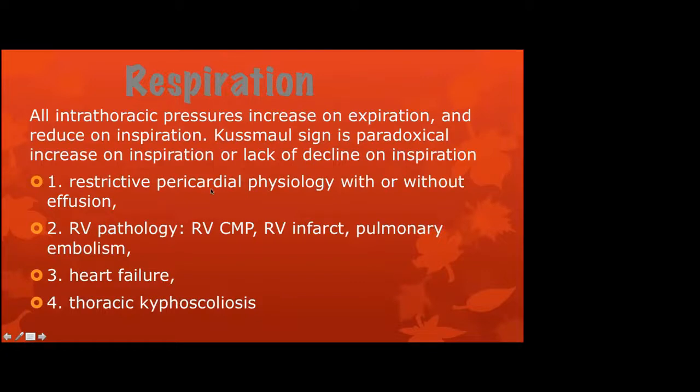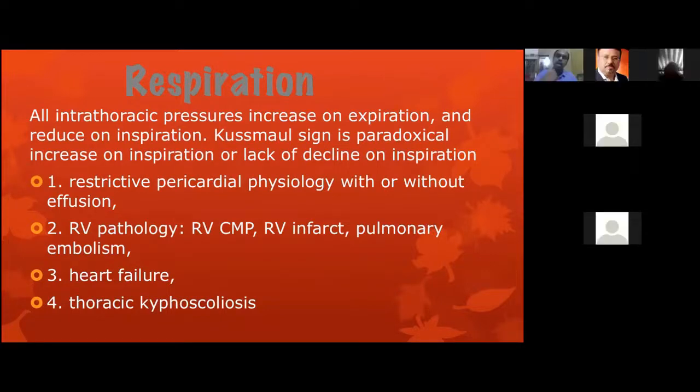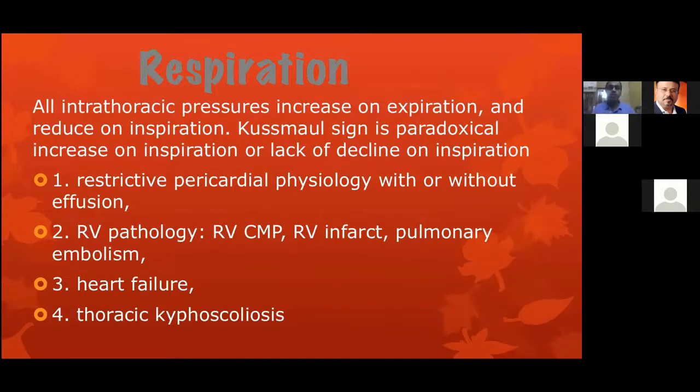A characteristic example is pericardial constriction. Why in pericardial constriction? You are taking a deep inspiration, and the deep inspiration is going to cause a fall in the pressure, because 2-3 things are happening. Number one, a fall in the intrathoracic pressure has resulted in a fall in the intracardiac pressure also.